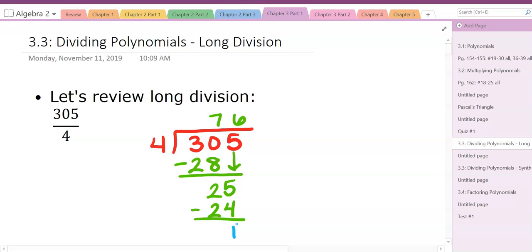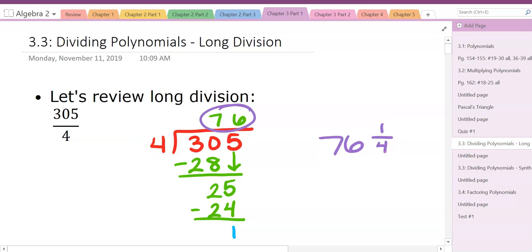And so when we were dividing numbers, if you had a calculator and you divided this, you're going to get a decimal. And that's where the remainder comes from, it's the decimal piece. So to write the remainder, you take that whole number piece up here, 76, and then we write the remainder like a fraction. So it's the 1, and we put it over what we were dividing by, which is 4.